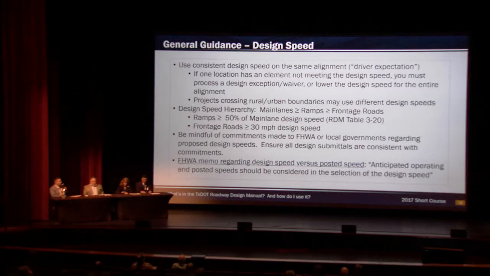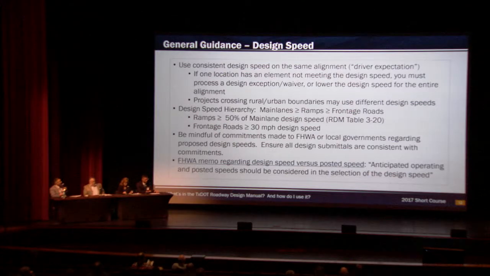Sometimes we'll even see a table that calls out a design speed at any given curve or change in the alignment, and you really don't need that. Whatever alignment you're designing, you should have just one continuous design speed on it. And again, if you have an element that does not meet the design speed, then you should process a design exception or a design waiver.